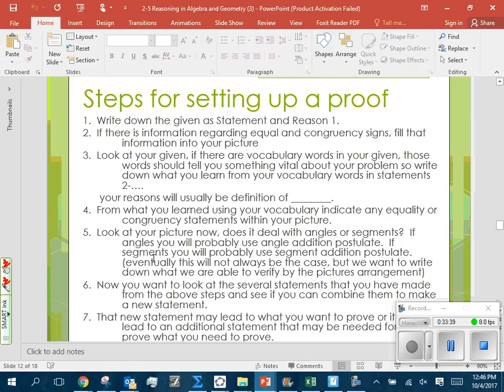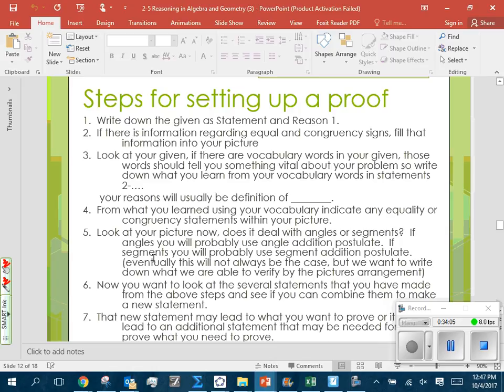The next thing you do is you look at vocabulary words in the given. There's a key vocabulary word in the given. It probably tells you something. Okay, so if I see midpoint, it tells me I'm going to have 2 segments that are congruent. If I see angle bisectors, it tells me I have 2 angles that are congruent. Okay, so they're hiding some information inside vocabulary words. So we look at those vocabulary words and we write down in our statements what those vocabulary words provide us for our problem.